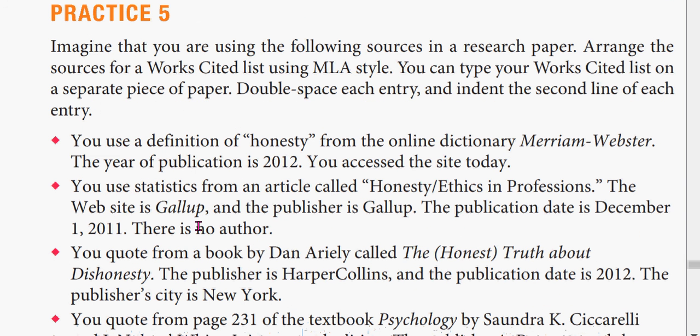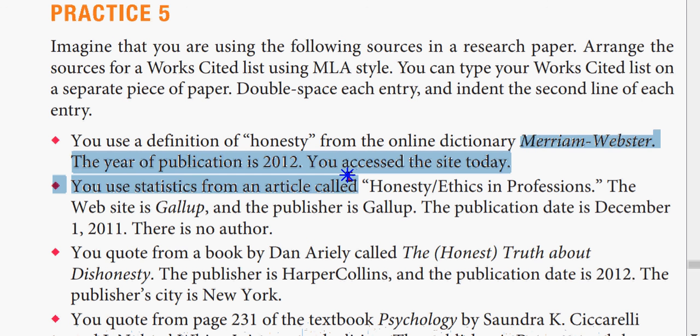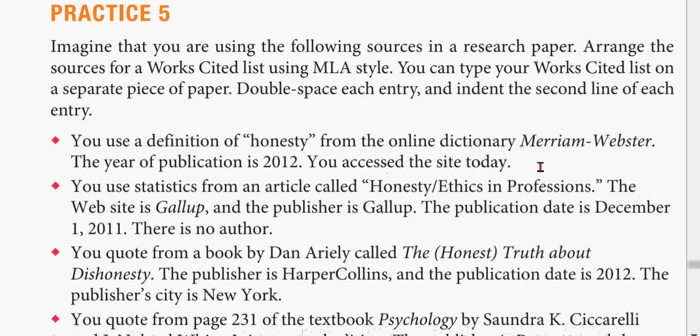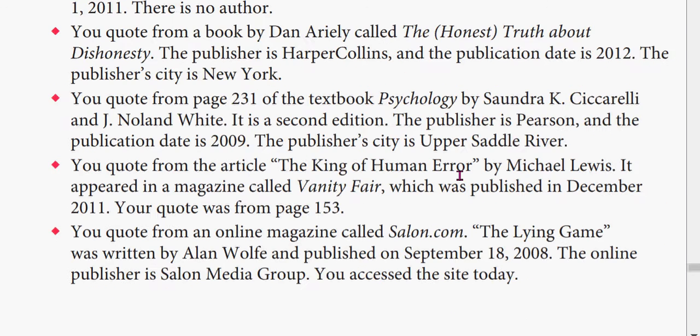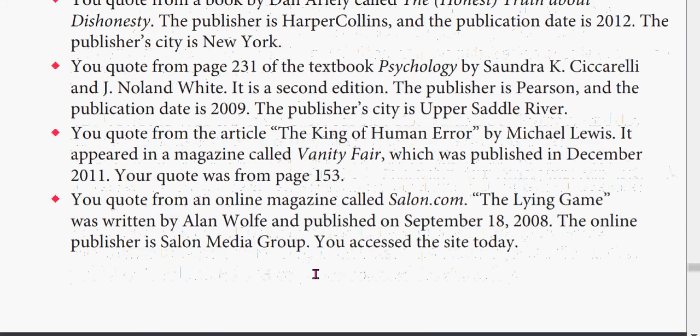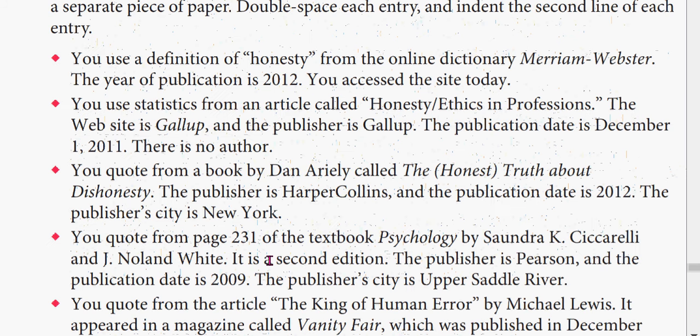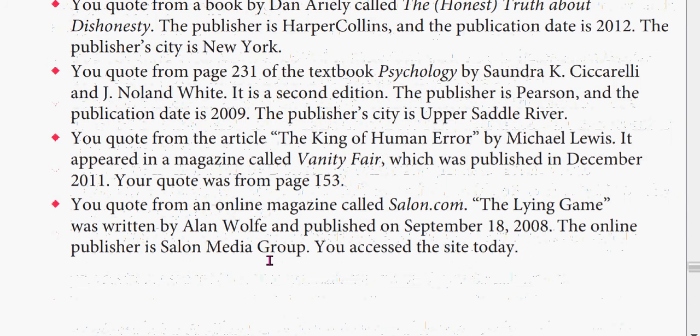So this last exercise is a difficult one, but they want you to pretend that you have written a paper and you have cited several sources, and now you're going to create the last page. This is the hardest part of the research paper, the works cited page, and you're going to take this information and create a list of full citations.